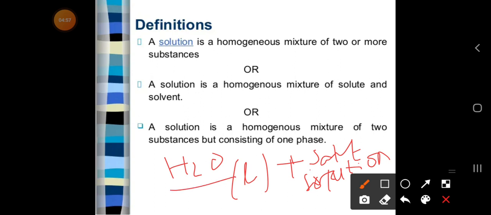So this is the H2O, this is the salt solution. The salt solution consists of a liquid. So these two are liquids only. This is a liquid, this is a liquid, so this is one phase.